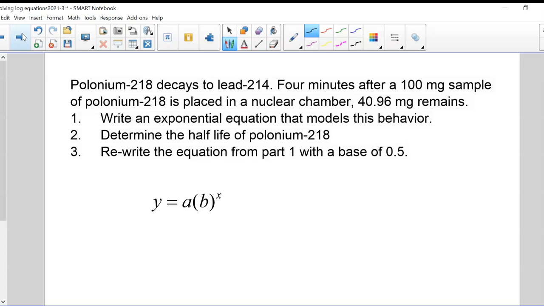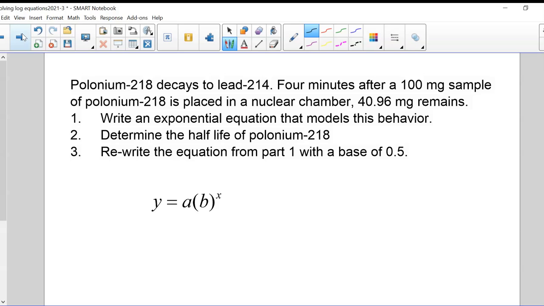So this thing called polonium-218 decays to lead-214 and does so exponentially. 4 minutes after a 100 milligram sample of polonium-218 is placed in the nuclear chamber, you only have 40.96 milligrams remaining. Write an exponential function or equation that models this behavior.